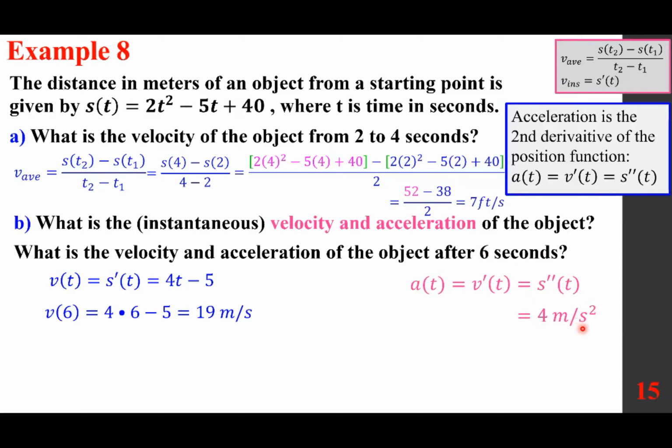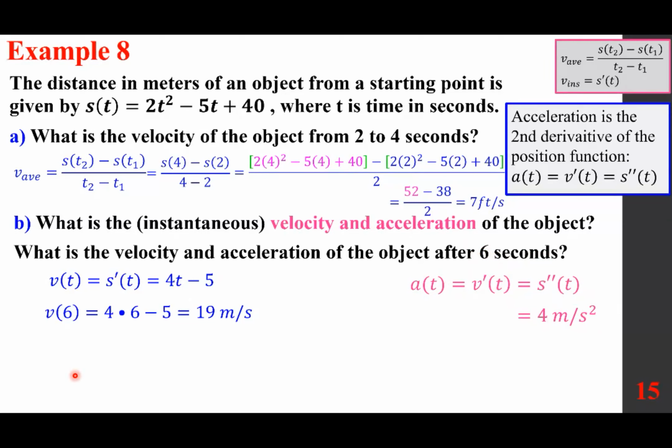I'm going to discuss the units in a moment, but before I do that, notice 4 is independent of t. If it wasn't, we would put the t. Let's say it was 4t, we would say 4 times 6. It's not, so it's a constant acceleration.